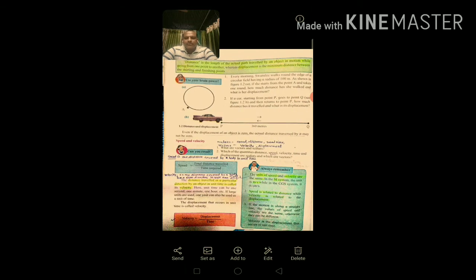Then the main point is speed. Speed is the distance covered by a body in unit time. Time is also a scalar quantity, so speed is equal to total distance traveled upon time required.